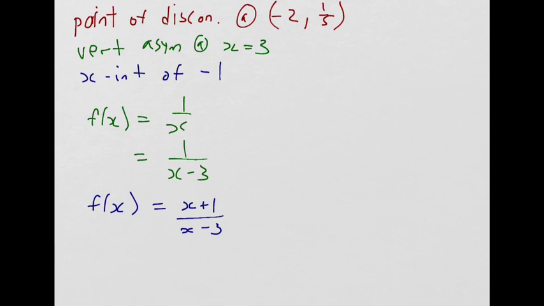Still with me? Now the point of discontinuity. So we've got x plus 1 over x minus 3, and I want the point of discontinuity to occur at negative 2. So how would you do that? How do you first make it a non-permissible value?